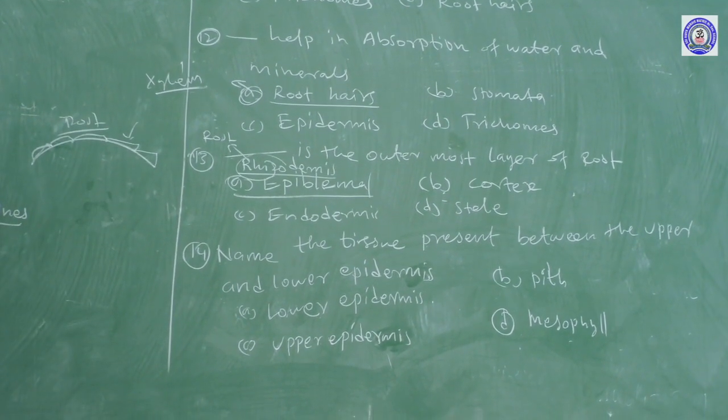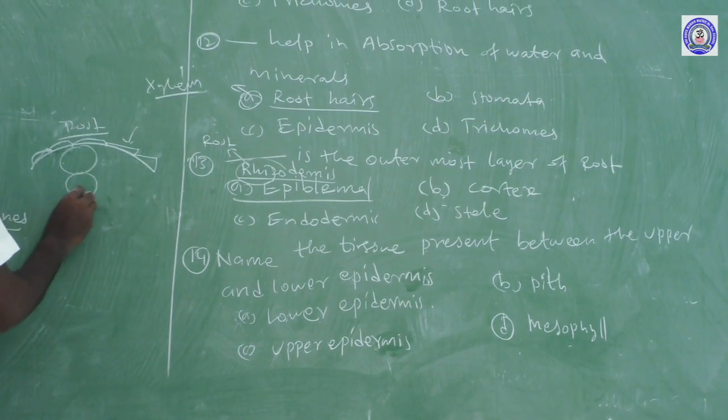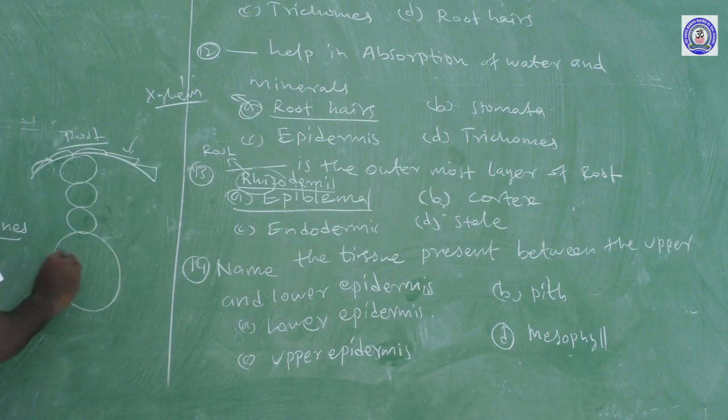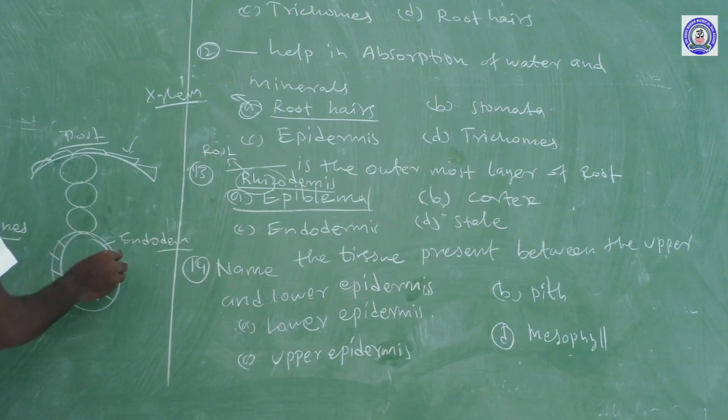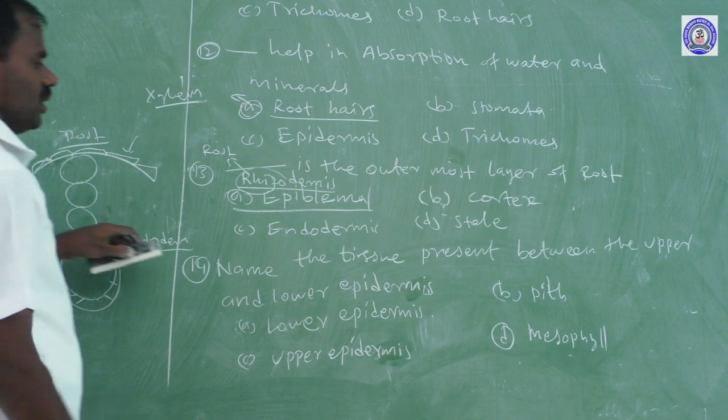The middle region is a homogeneous tissue called the cortex, and the inner region is the endodermis with the vascular bundles. The innermost layer of the cortex is called the endodermis.